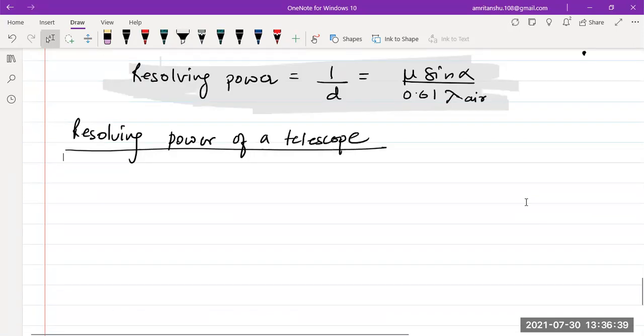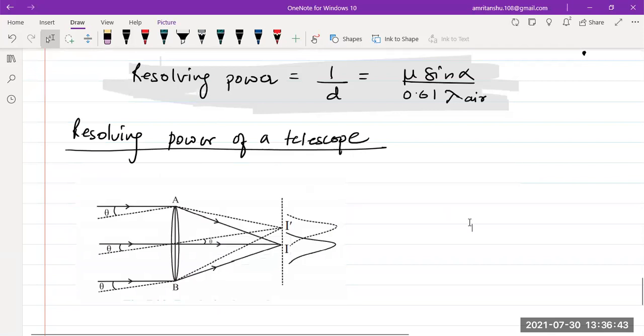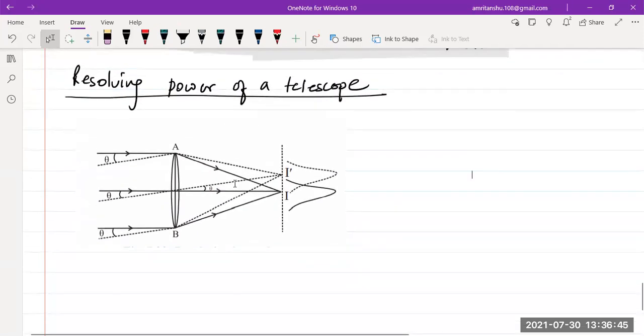Now let's try to see the resolving power of a telescope. In this case, we have already seen a problem above, that let's say these two objects are quite far away, and we want to resolve them on this screen over here. So let's say this point is resolved over here, and this point is resolved over here. Correct.